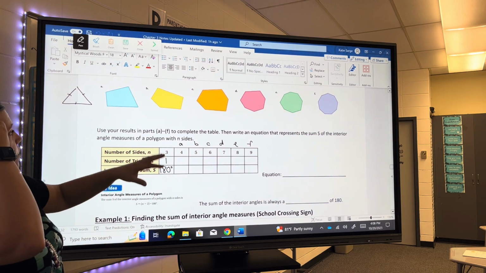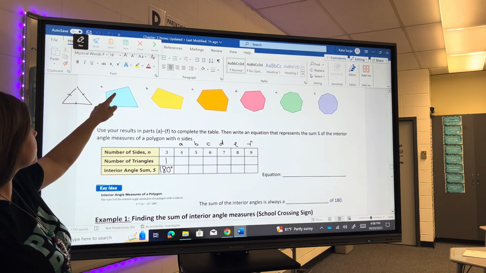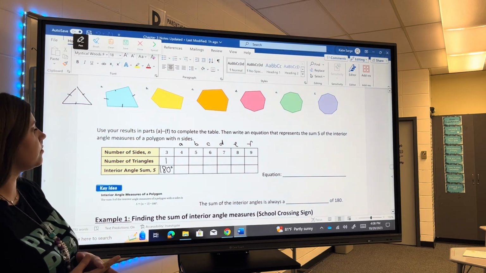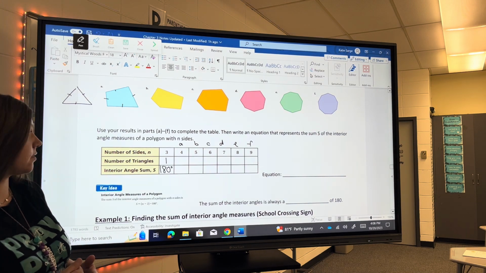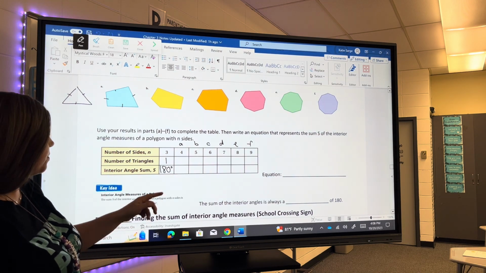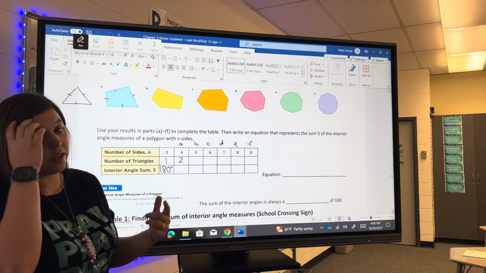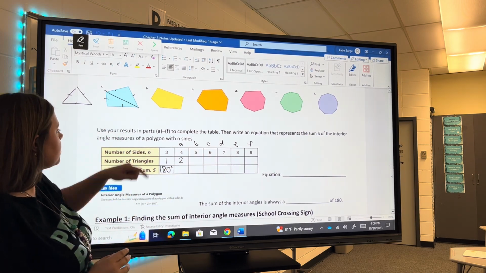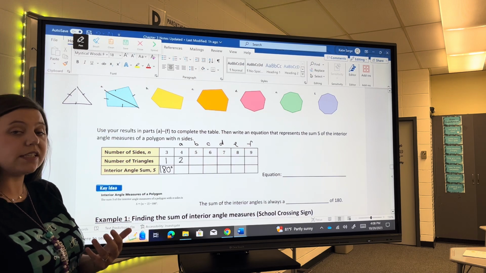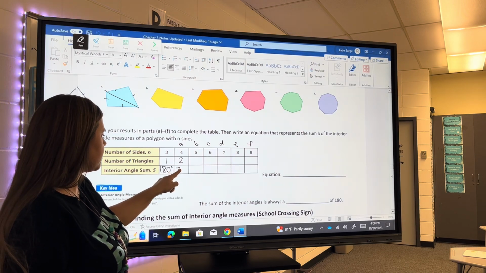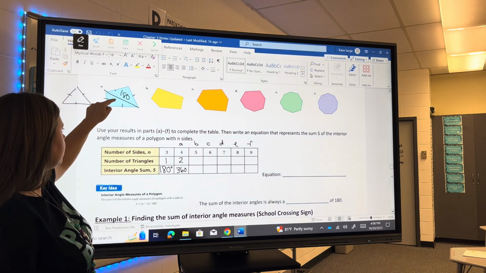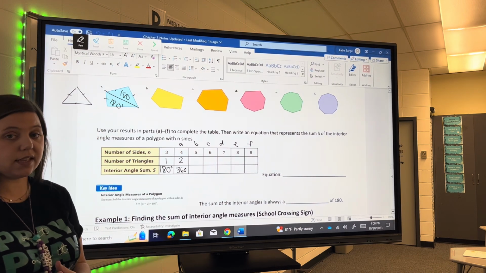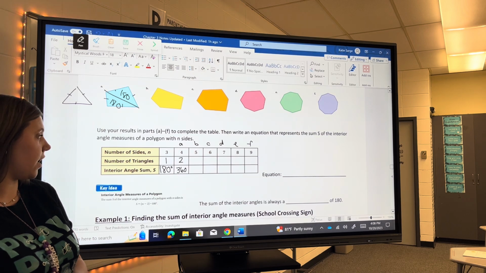But then we moved on to a new shape that had 4 sides, 1, 2, 3, and 4, right? How many triangles did that create? Okay, it should be 2. And when it created 2 triangles, the sum of those interior angles was 360 degrees, right? 180 plus 180 gave us 360, okay?